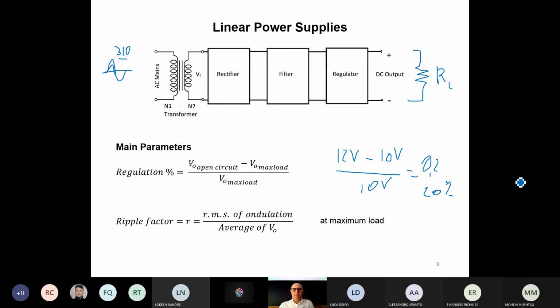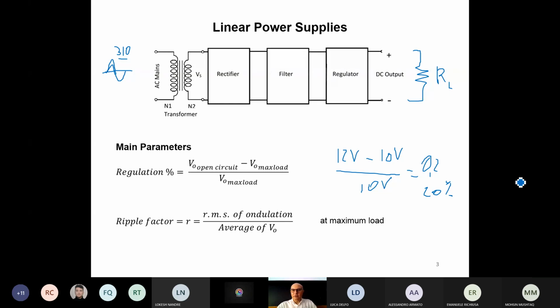So I was saying that what we'll find in a few moments is that the output voltage of a linear power supply has a fixed part, an average voltage, which we call DC output, and a ripple. By ripple, we mean the variation around this average voltage. One way of defining this ripple factor, which is a bit complicated, is to give a ratio.